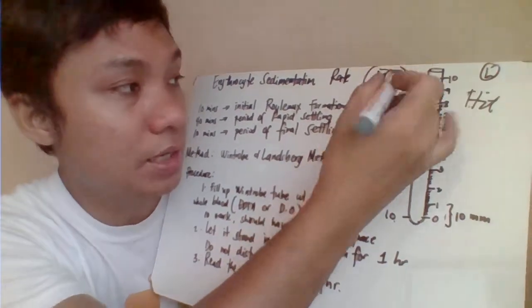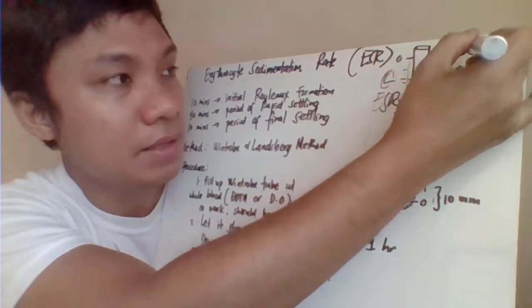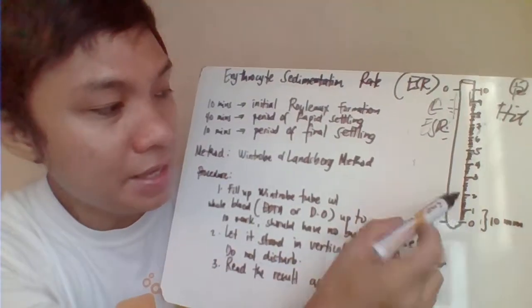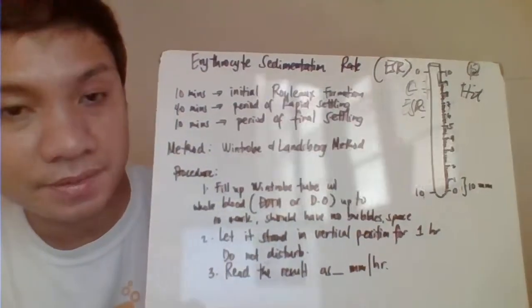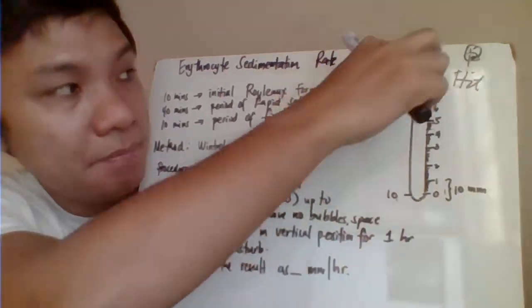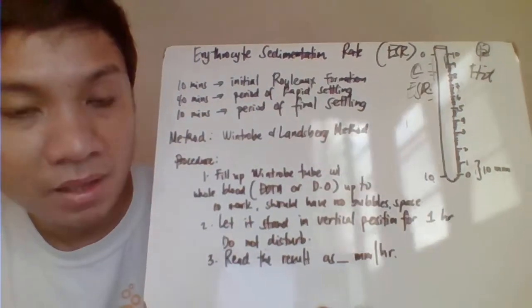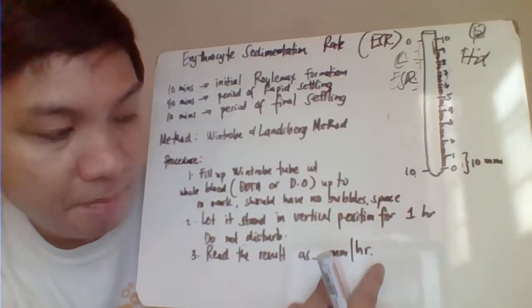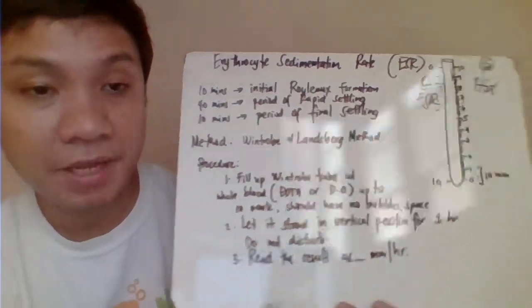So this is your left side, and this is your right side, but the graduation marks on this side are still the same. Then after 1 hour, you read the result to see how much it went down, and report that as mm per hour. That becomes your ESR result.